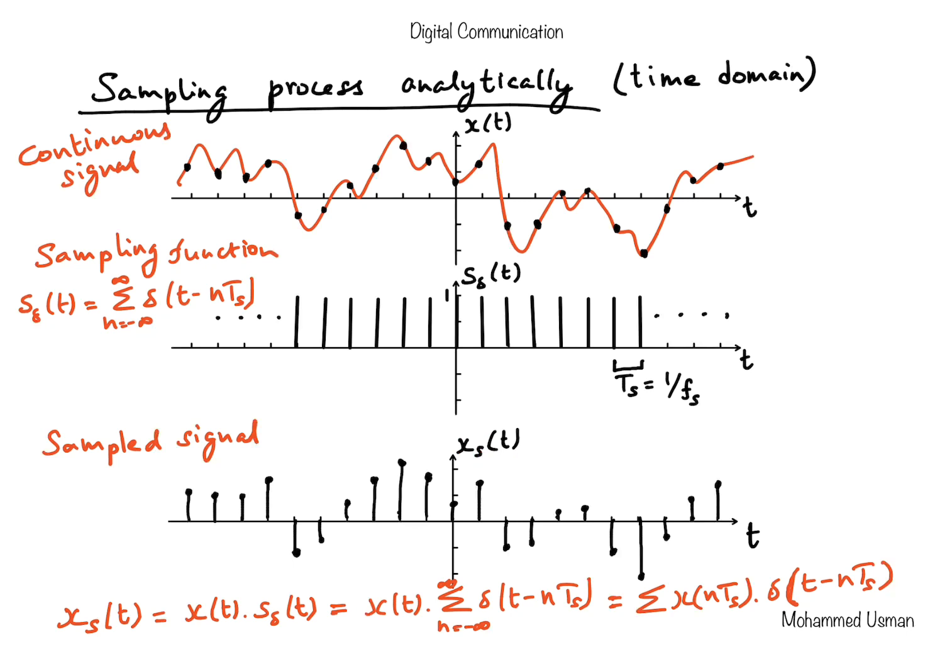So that gives us our sampled function. Analytically, we can represent the sampled signal as the product of the actual signal and the sampling function. Again, n ranges here from minus infinity to plus infinity.